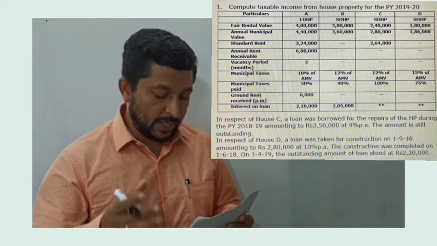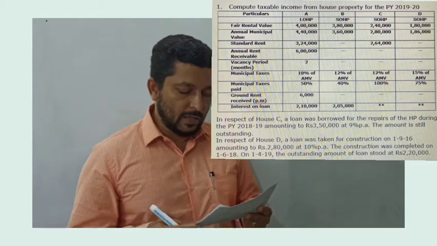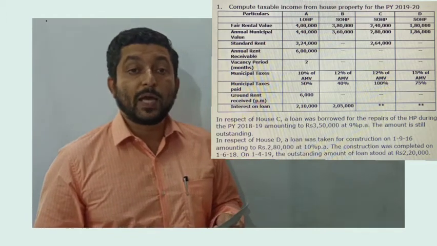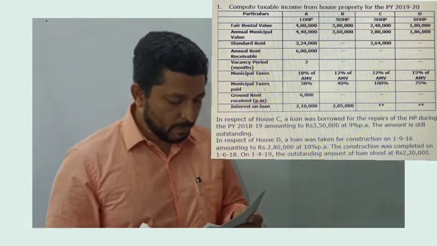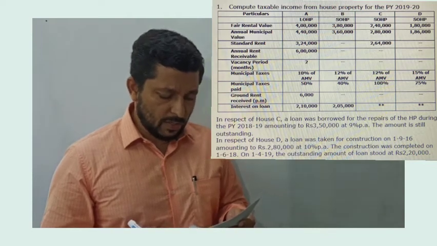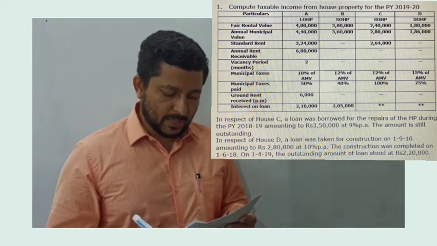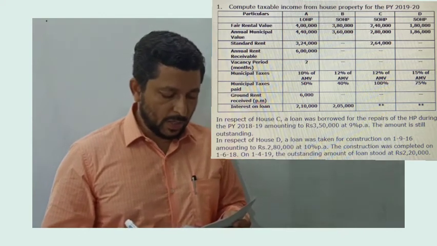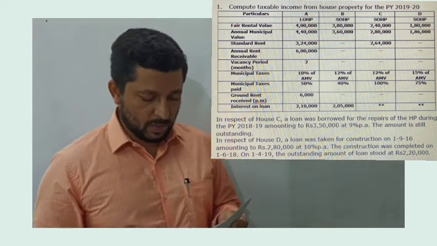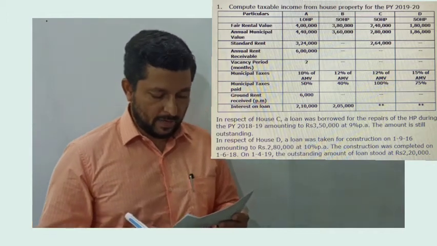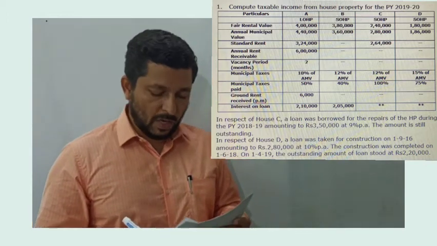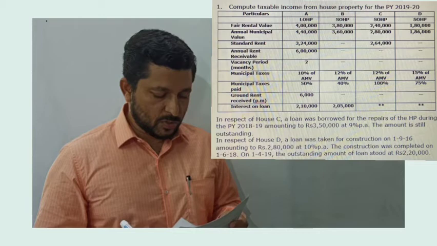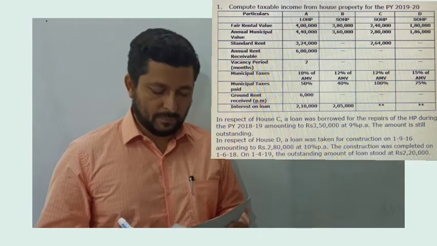The amount is still outstanding, that is 3 lakh 50,000, and the rate of interest is 9%. So we'll have to calculate, and it's given very clearly that this loan was borrowed for repairs of the house property. In respect of House D, a loan was taken for construction on 1st of September 2016, amounting to rupees 2 lakh 80,000 at 10% per annum. The construction of the house was completed on 1st of June 2018.